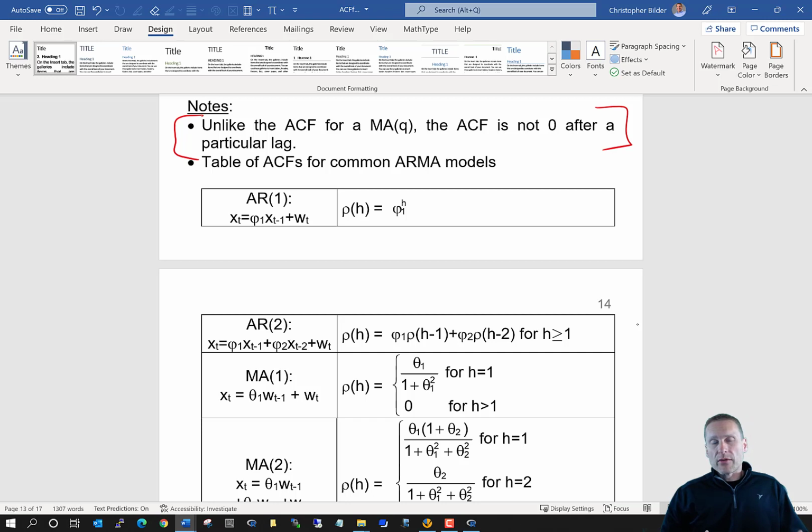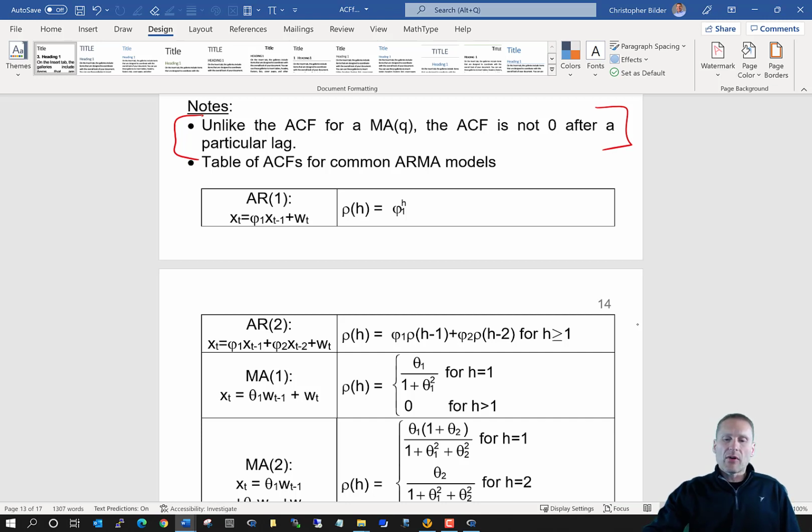Instead, what we will learn about shortly is a different kind of function called the partial autocorrelation function, which will have this cutting off to 0 at a particular lag, similar to what the moving average did with the autocorrelation function. This partial autocorrelation function will be very helpful for us.